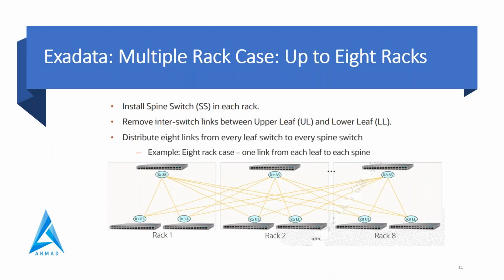Now multiple racks, up to 8 racks. So what is that? To interconnect 8 racks, the 8 leaf to spine links on each leaf switch are configured to provide exactly one link to each spine switch, and for configurations between 2 and 8 racks, the 8 leaf to spine links on each leaf switch are distributed as evenly as possible among the total number of spine switches.